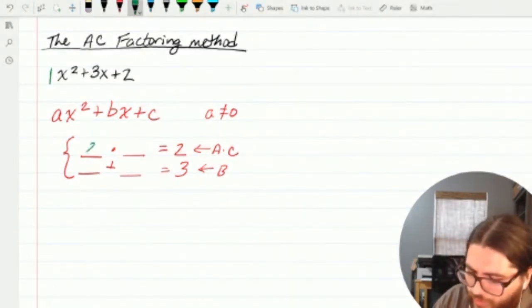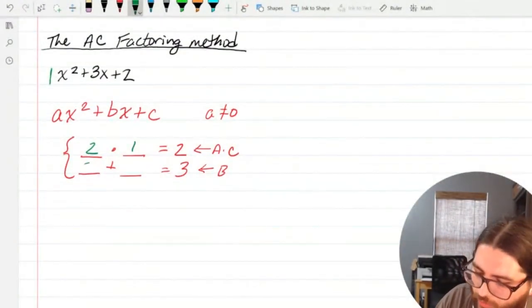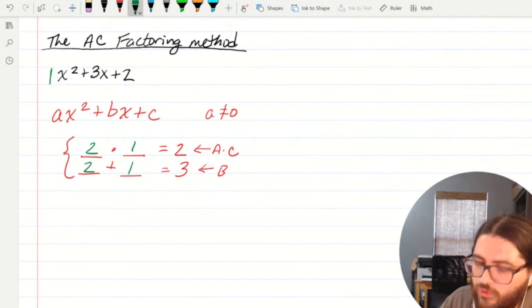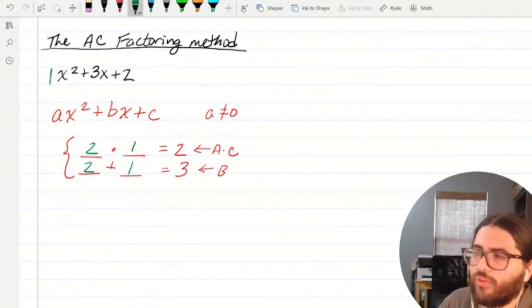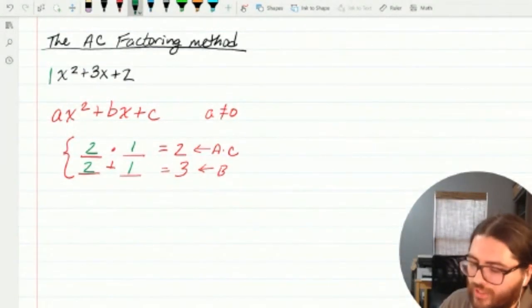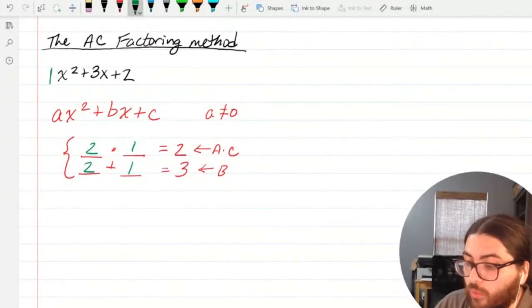Really, there's only one way to do it if I want to stick to whole numbers. 2 times 1 is 2. And it just so happens that 2 plus 1 is 3. And it solves both of these equations at the same time. So that's why the numbers 2 and 1 were so important.